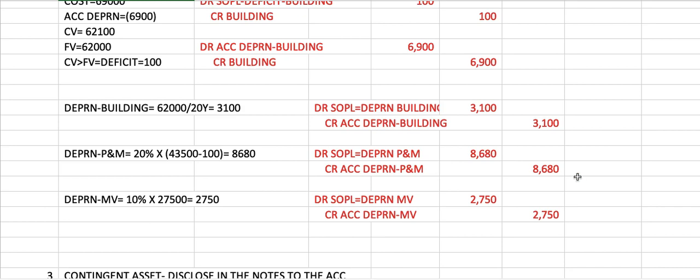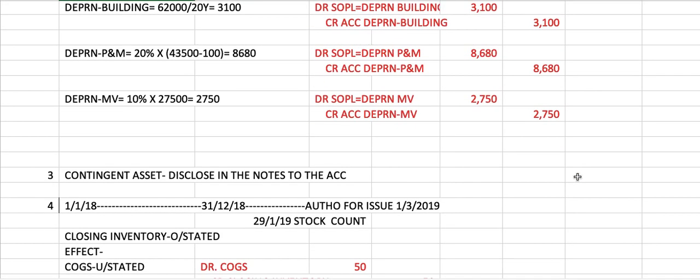Okay, number 3. On 8 October 2018, during the year the company brought legal action against one of the suppliers. This topic you have learned under provision, contingent liability and contingent asset. In this case, the company sues outsiders. So this is not liability, this is either asset or contingent asset, or you ignore.